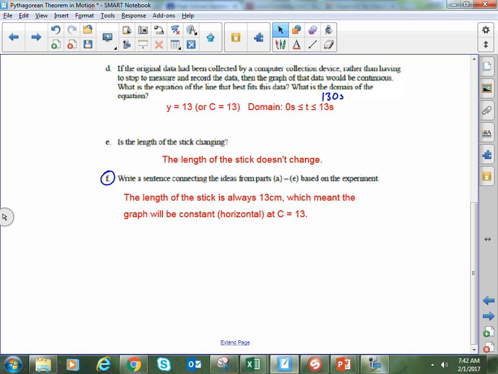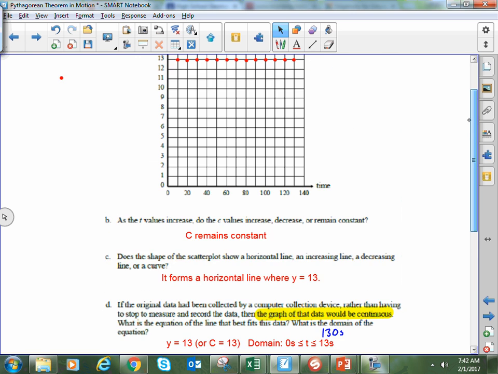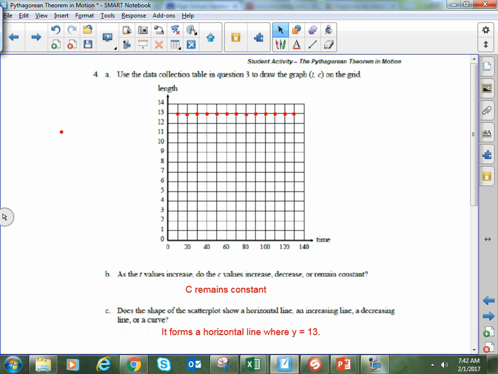Now one thing real quick that I want to point out that I kind of skipped up here is right here. The graph of the data would be continuous. If you notice, I did not draw a line connecting all of those dots. The reason why is because the data that we're collecting is not continuous. We're not taking measurements at 23 seconds or 55 seconds or 81 seconds.